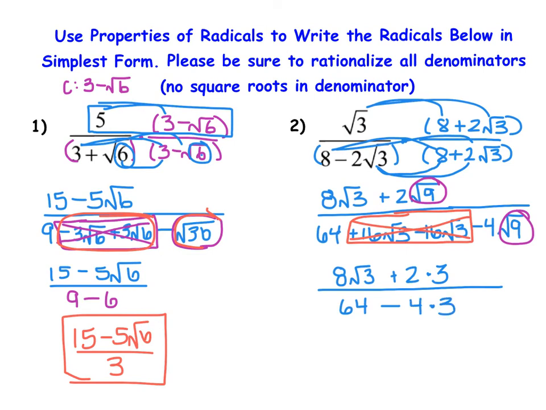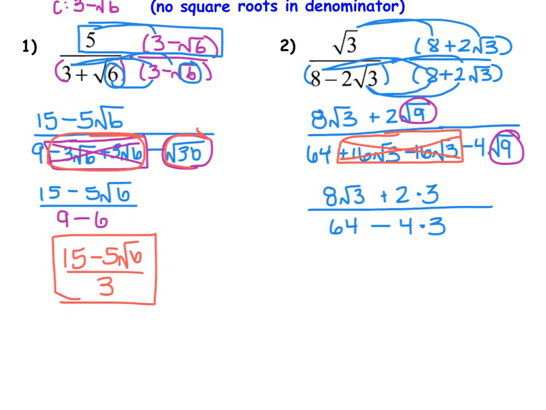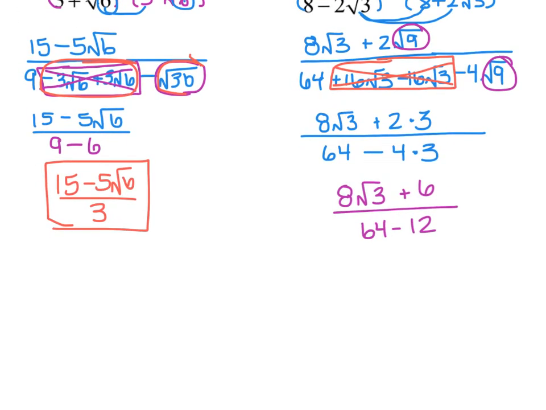So now if I simplify these just a little bit further, this numerator becomes 8 square roots of 3 plus 6 over 64 minus 12, which I can simplify further because the denominator can be subtracted a little bit further. So that becomes 8 square roots of 3 plus 6 over 52.